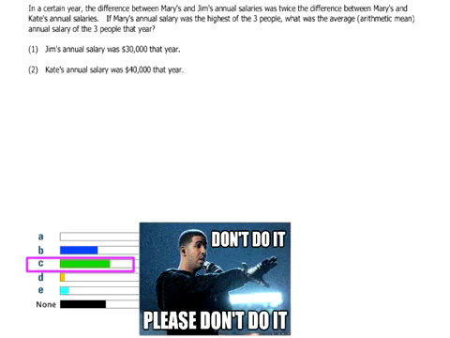So if you pick choice C here, because they give you that statement about differences, then I have Jim's salary, I have Kate's salary, so I can just find Mary's salary.